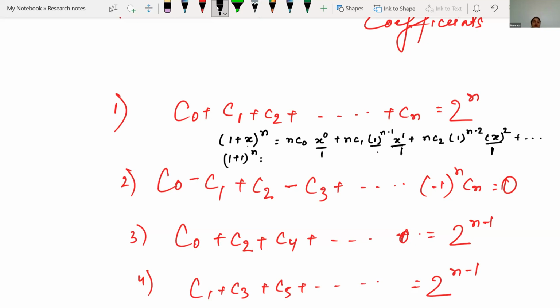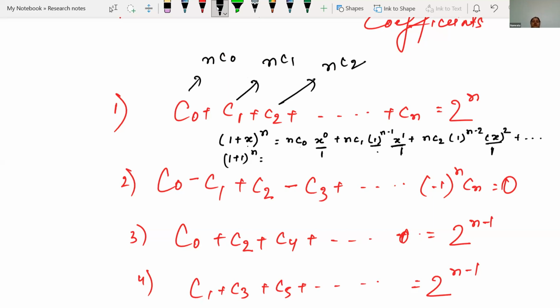That if we are having C0, C1, C2, that means the coefficients. This C0 is just nC0, this is just nC1, this is just nC2. This is just one way of writing it. The first coefficient, second coefficient, third coefficient, fourth coefficient, up to the last coefficient, the sum is equal to 2 to the power n. From where did it come?